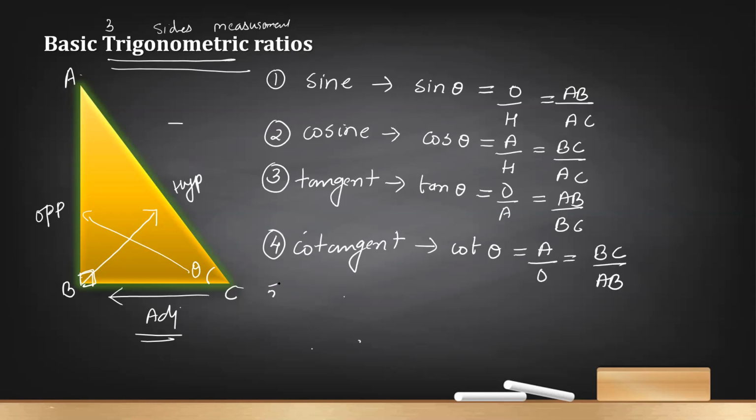Then the fifth one we have is secant, which we also call sec theta. Sec is always hypotenuse upon adjacent, which is equal to AC upon BC.